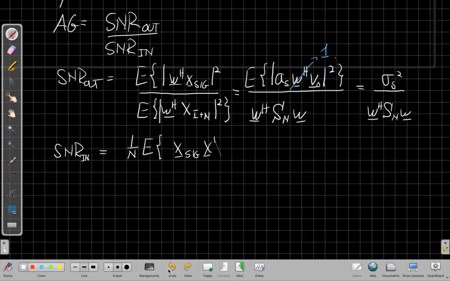Or now, well, let's do it this way. The magnitude squared of the signal part, which will give me 1 over n, and this would be the trace of x sig times its Hermitian, right?